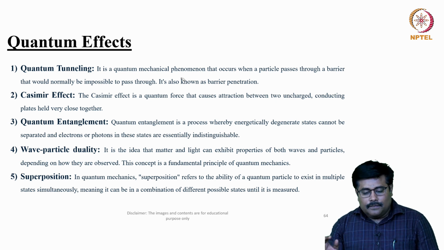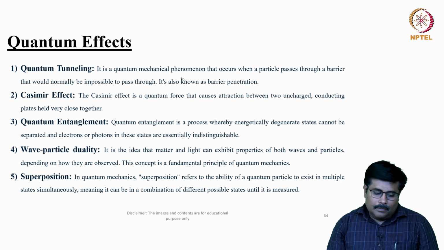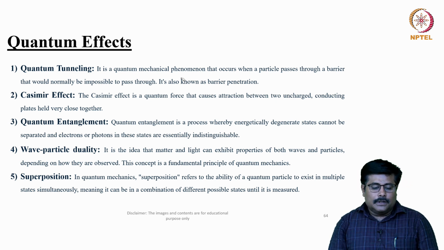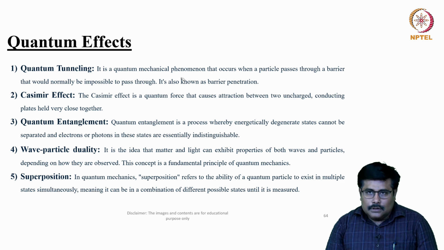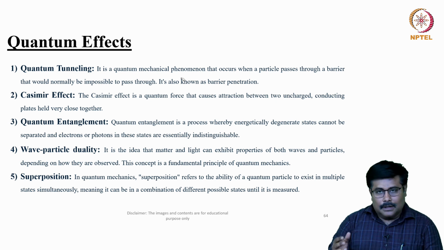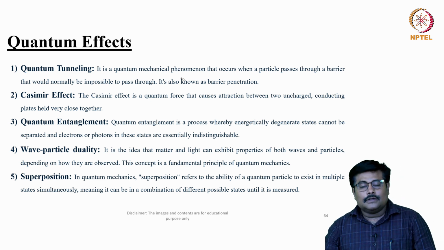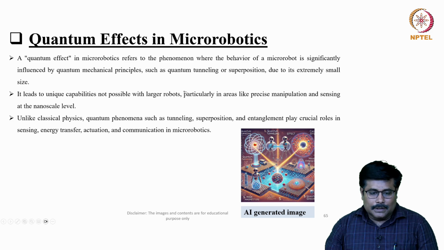This concept is a fundamental principle of quantum mechanics. Next, we have superposition. In quantum mechanics, superposition refers to the ability of quantum particles to exist in multiple states simultaneously, meaning a particle can be in a combination of different possible states until it is measured.